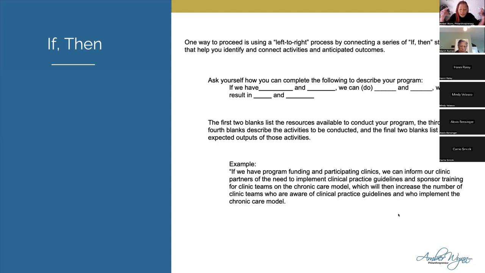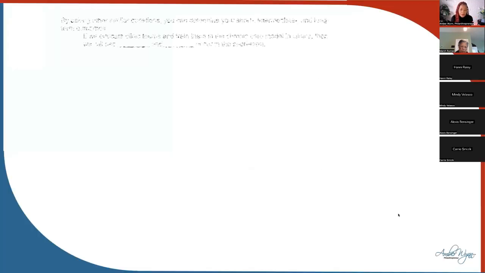And sponsor training on capacity building, which will then increase the number of nonprofits who are better able to serve the community. So you can transfer out anything. It's just the process of the if then.